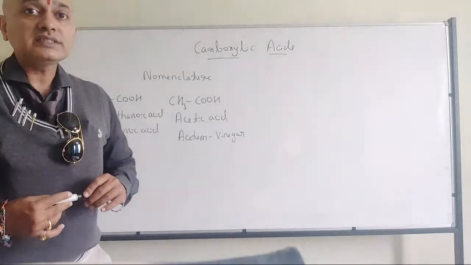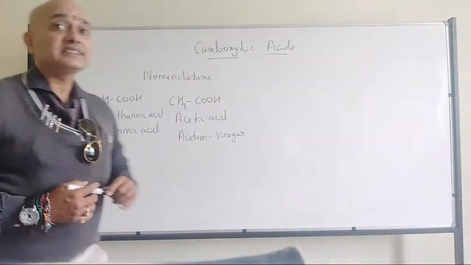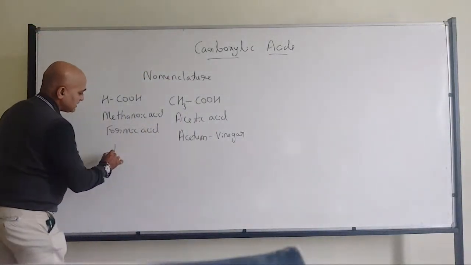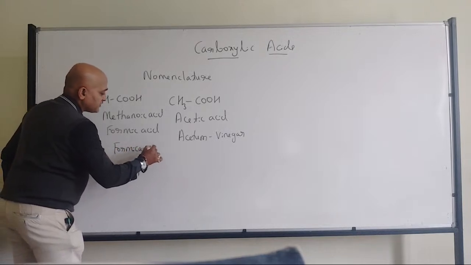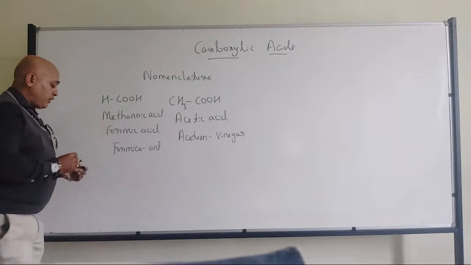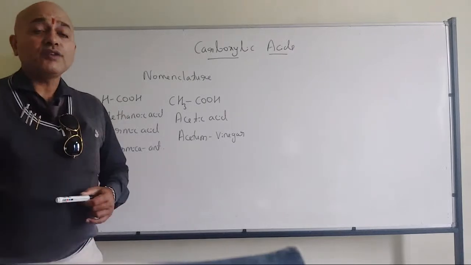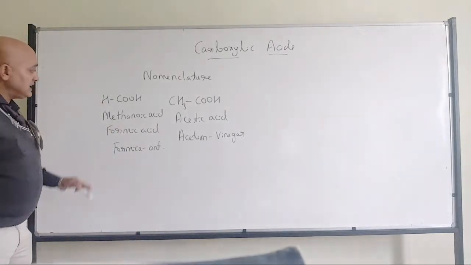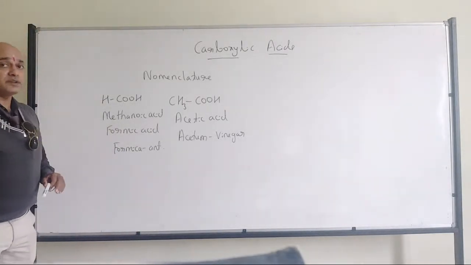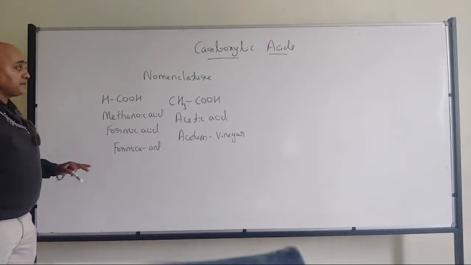Formica means ant, because this molecule, formic acid, is majorly found in ants. So that's where we have formic acid, because of the formica ant.